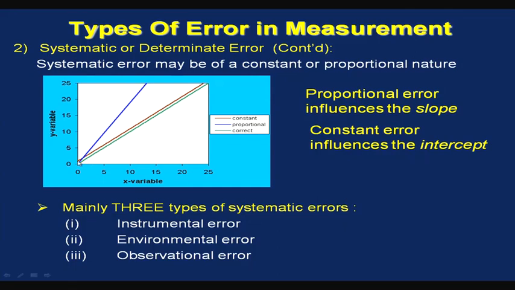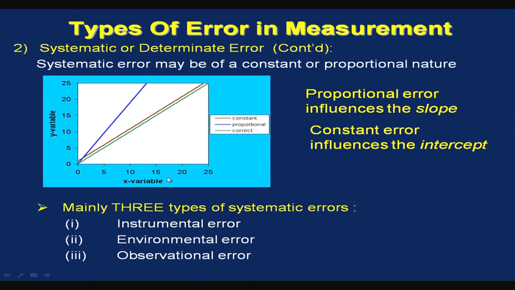If the behavior of the x variable and y variable, that is the input and output relationship, is represented by a red line, we see that there is an error associated with the reading, but this error is of constant type.